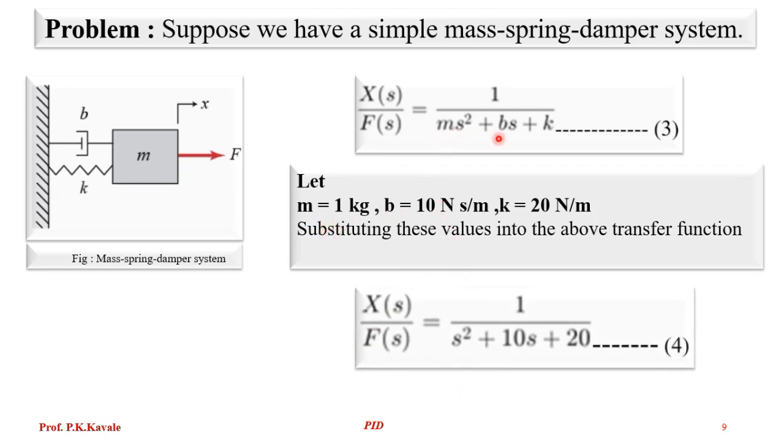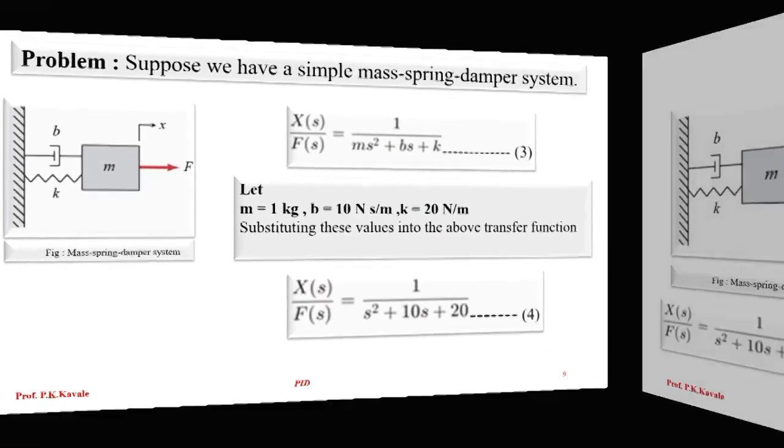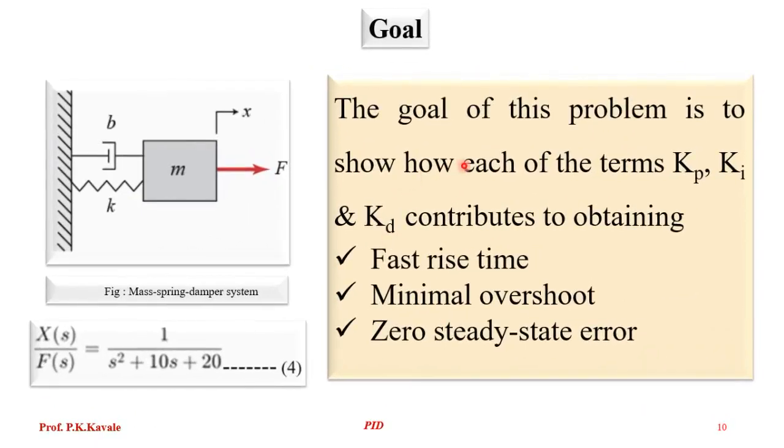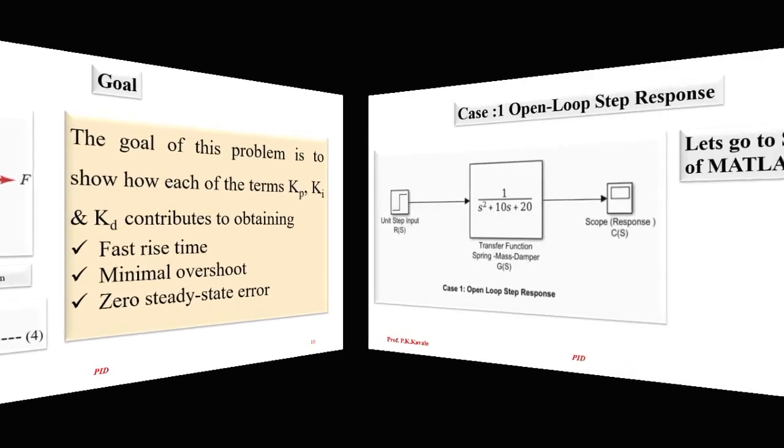For example, m stands for 1, that's why s square; b stands for 10, so 10s; and k is 20. So this is the exact transfer function of our plant or model. Our goal is to find the KP, KI, KD values so that we can get a fast rise time, minimum or no overshoot, and zero steady state error.